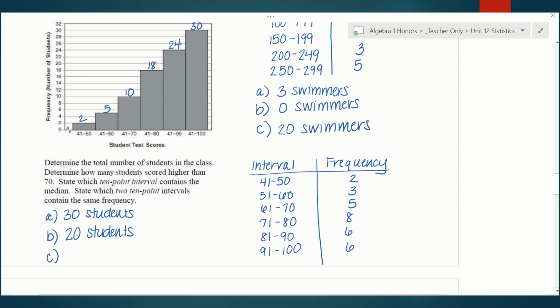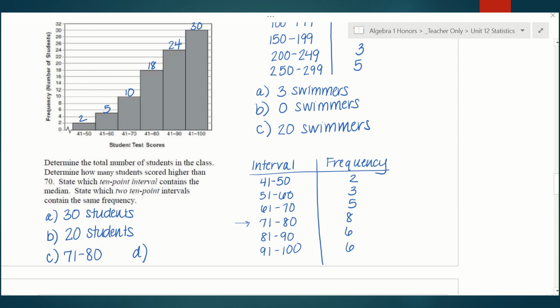Those 2 people would be in the middle. If we start looking at our frequencies here, and I start adding, 2 plus 3 is 5, 5 plus 5 is 10, and 10 plus 8 is 18, which means our median would have to fall in that interval, because the 15th and 16th student fall within that interval based on our frequency. So the interval of 71 to 80 contains the median.